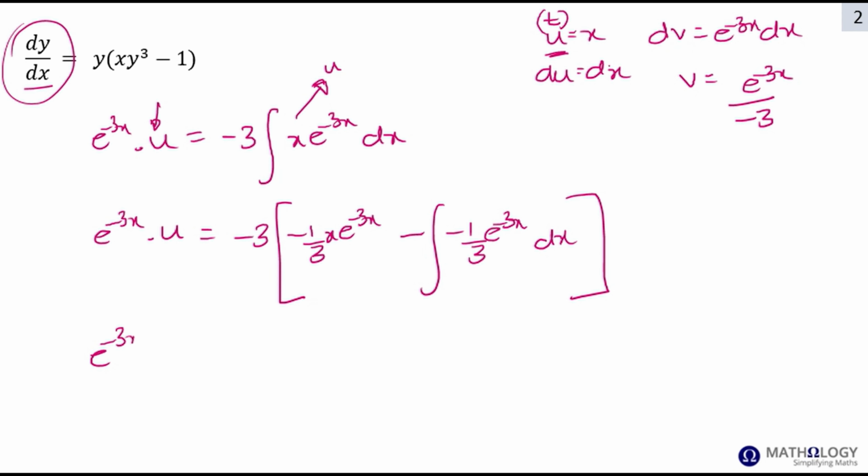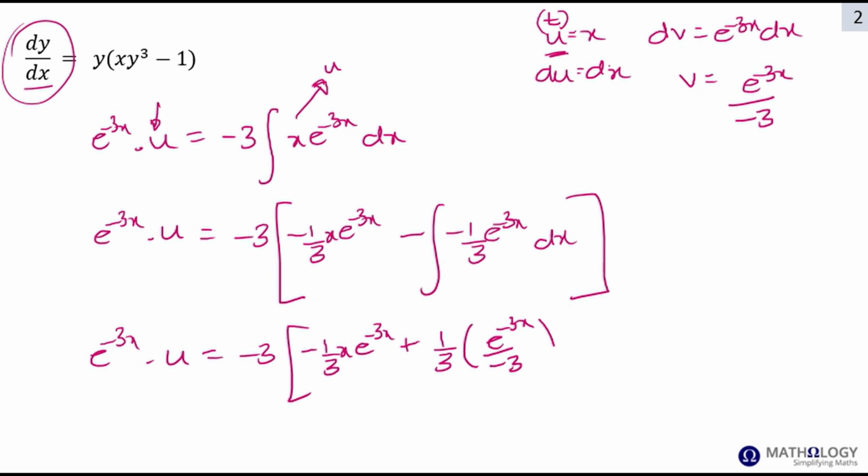So e to the minus 3x times u equals minus 3 times minus a third x e to the minus 3x plus a third times the integral of e to the minus 3x, which is e to the minus 3x divided by minus 3, and then you add the integration constant.